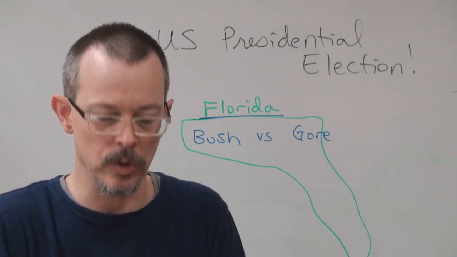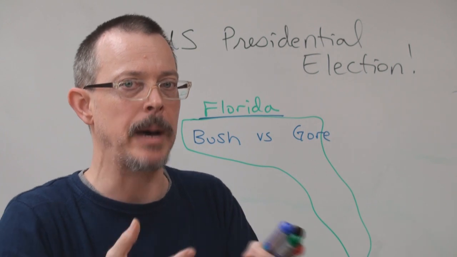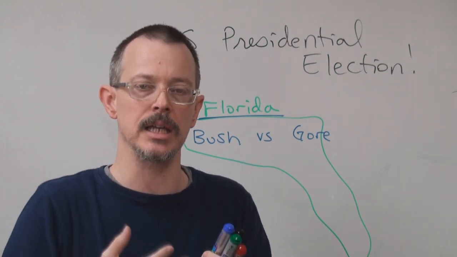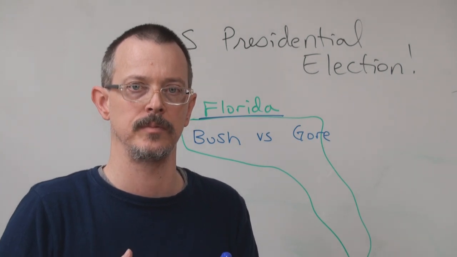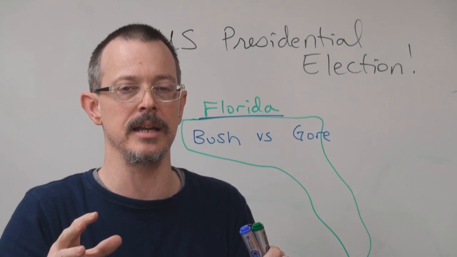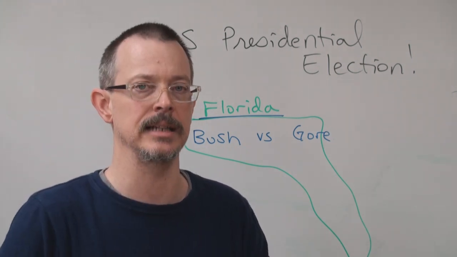They counted every vote, because in Florida, whoever wins the popular vote receives all of the electoral votes. And remember, the popular vote doesn't decide the winner. The electoral votes decide the winner.